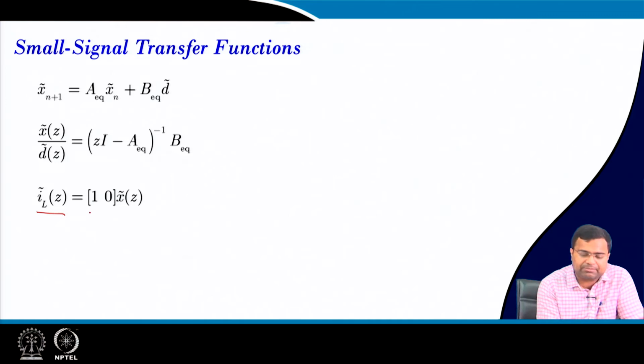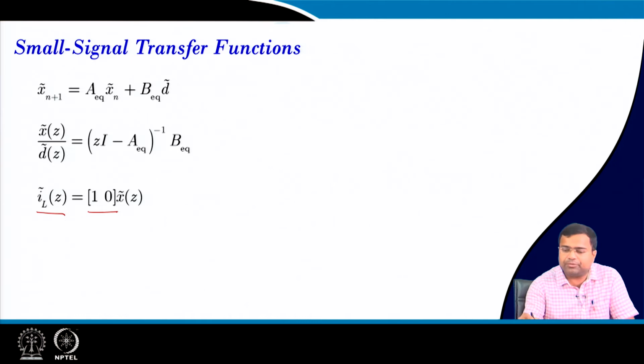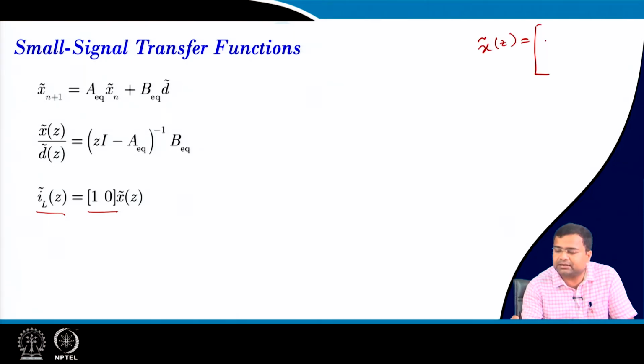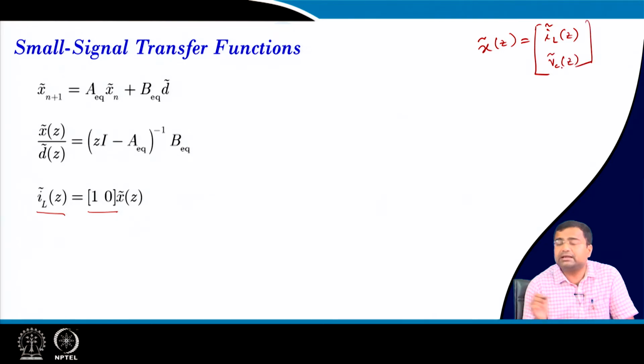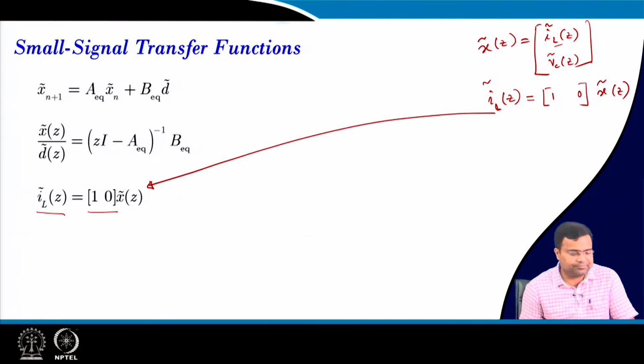You simply multiply with the 1 0 matrix, then it will give you the first term, because we know my X tilde(z) is nothing but IL tilde(z) and VC tilde(z), where VC is the capacitor voltage. If you want to take the first element, I simply multiply with this matrix into X(z), and this is exactly what we have done here.